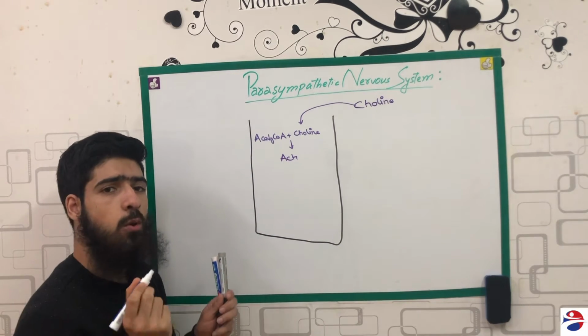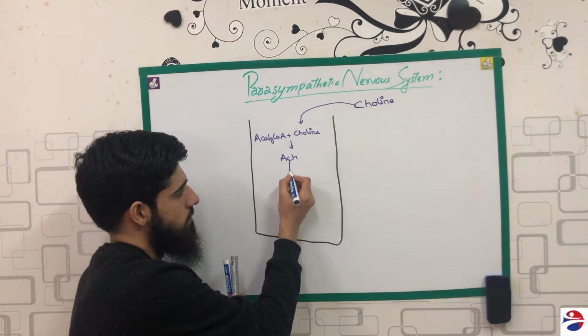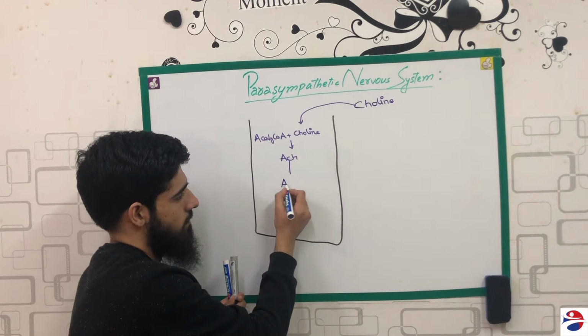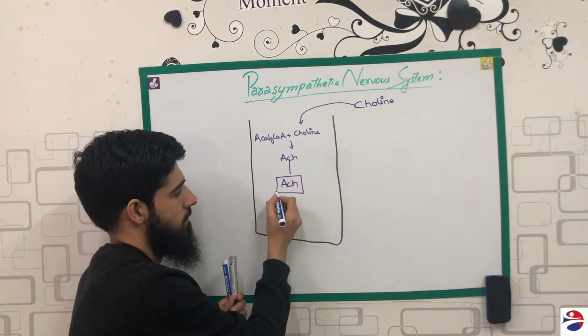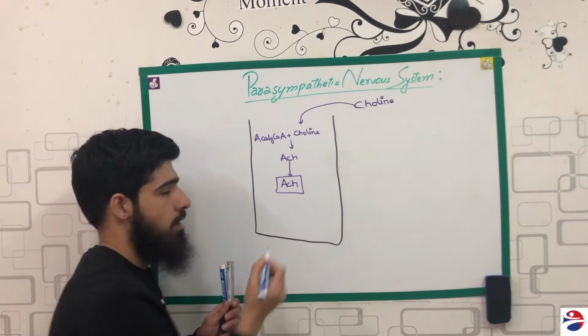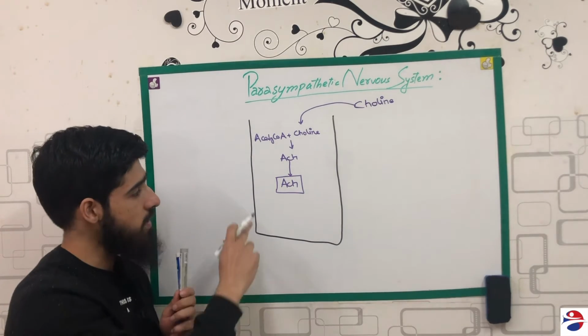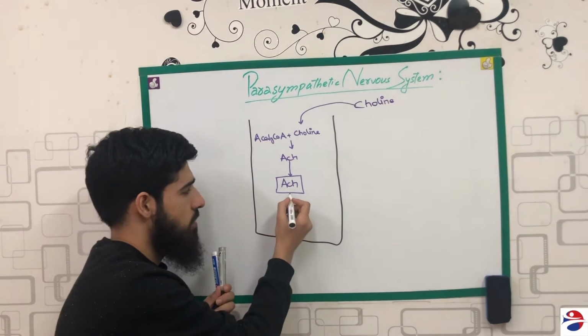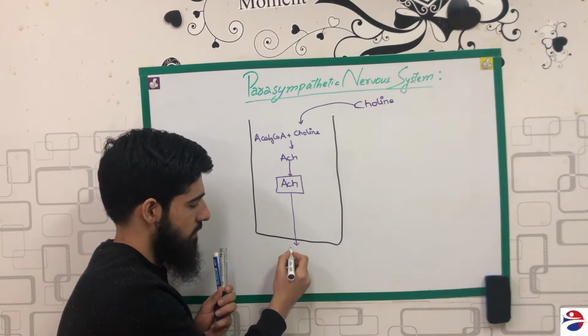So once acetylcholine is formed, it is then stored in vesicles. It remains in the vesicle until the neuron is stimulated. Once the neuron is stimulated, it leads to exocytosis of acetylcholine.